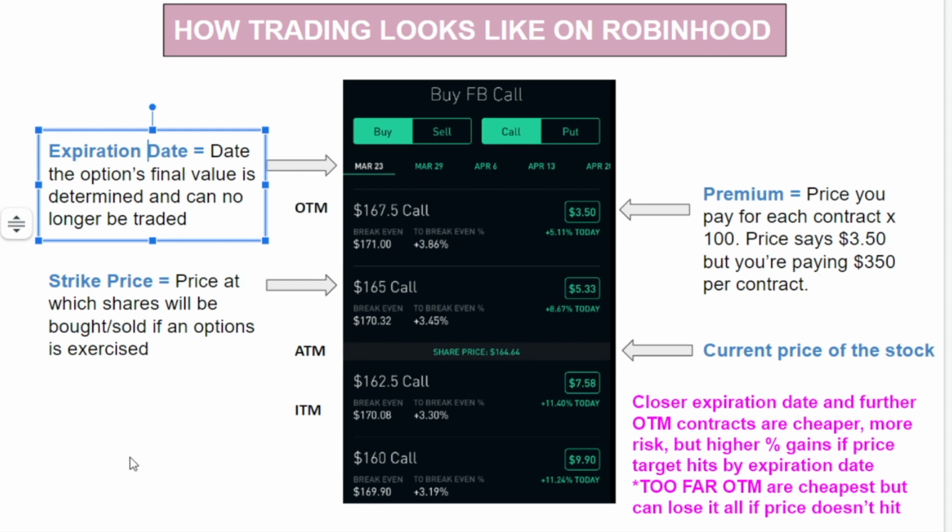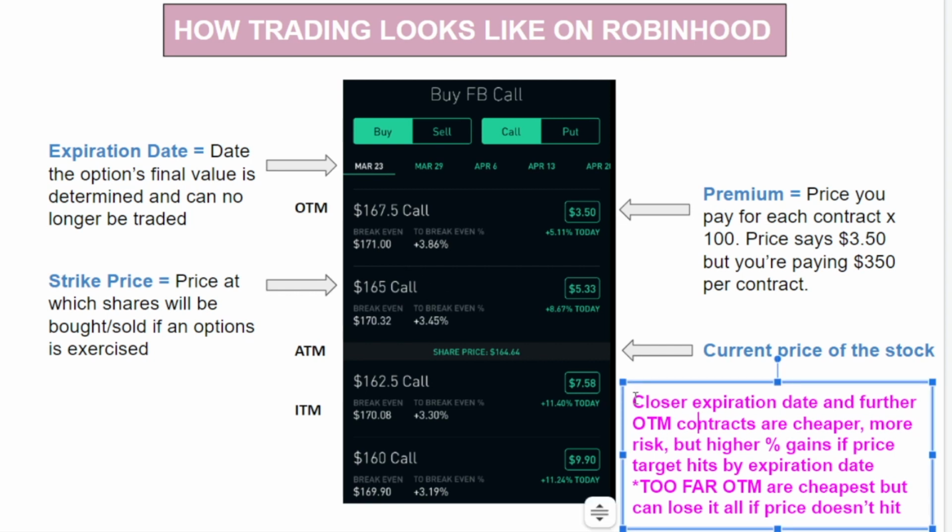Let's say the current price is $164.64, and you believe that Facebook will go up on March 23rd. So you buy a call at whichever price you want. The further out the strike price is, the cheaper it is because it's harder to reach. So you make a little less money, but it's cheaper to buy. And I will give examples later of how to do this.